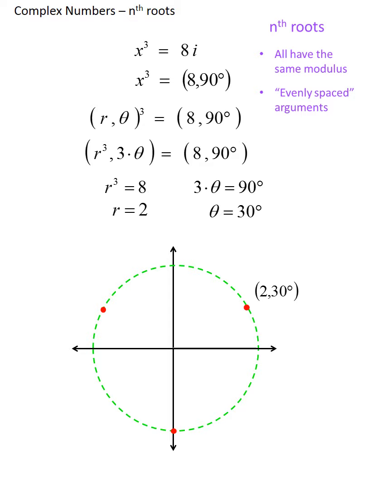And furthermore, if you break up a circle into 3 equal arcs, each one of them would be 120 degrees, which tells me that this angle here is 120. And now that I know that angle is 120, I can take my 30-degree argument from the first solution, add 120 degrees to that, and then add 120 degrees to that to get the other 2 solutions.